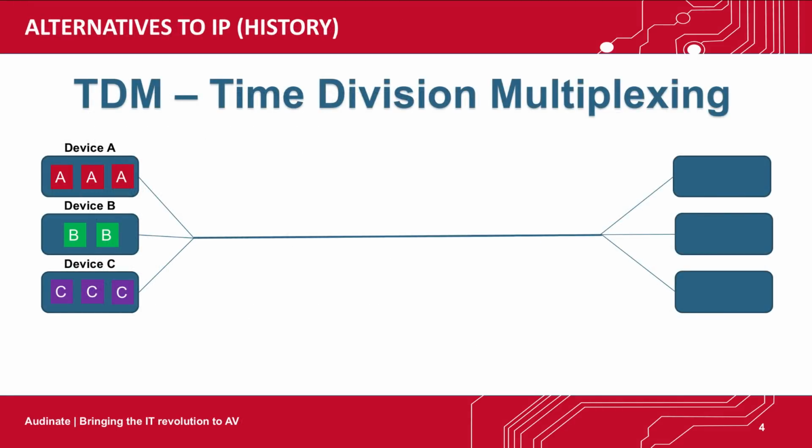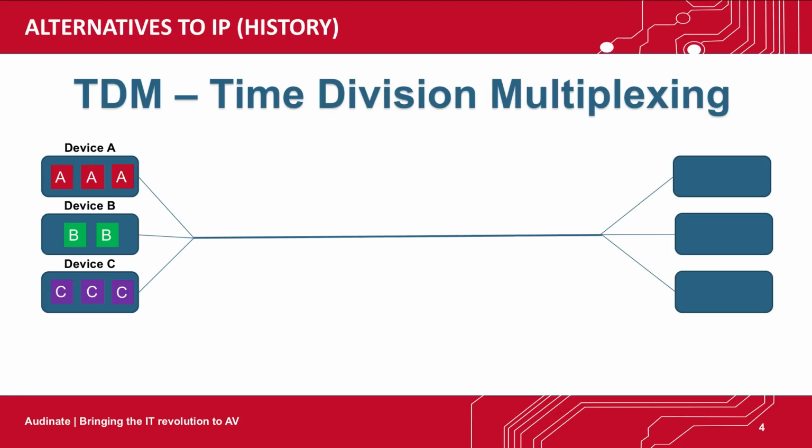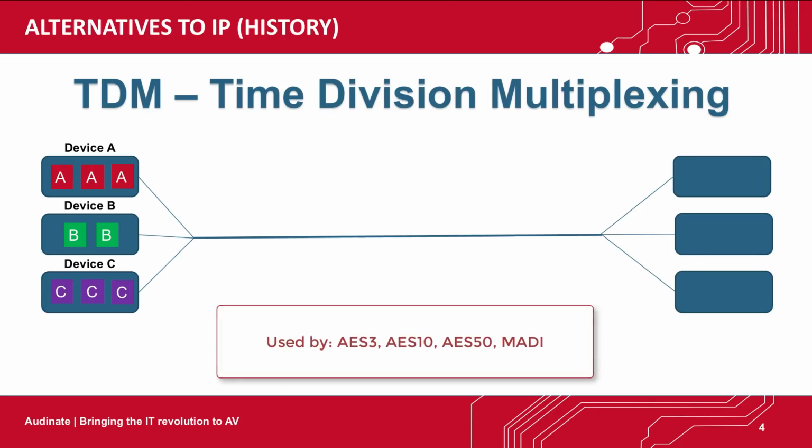Before IP networks became really big in the telecom industry, we had something called TDM, that is, time division multiplexing. TDM is nice because it's quite easy to understand when you're coming from the analog world where you're manually patching telephone lines into each other like the old telephone switchboard operators did. It's also the method that AES-3, AES-10, AES-50 or MADI used.